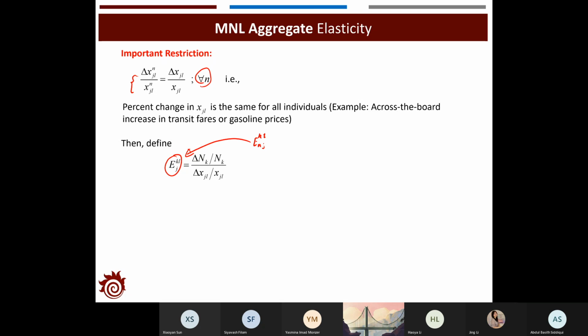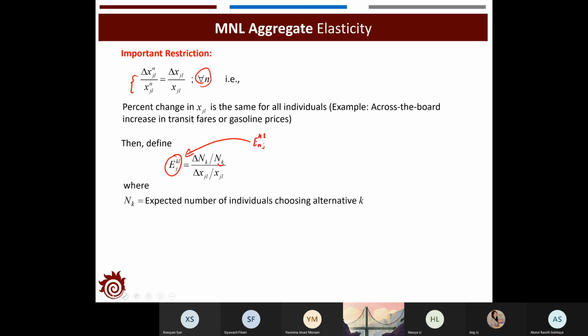To do that, we assume that the population for the mode K, the persons who use mode K, is N_K, and the potential change is delta N_K. Now E_{jkl} will equal delta N_K divided by N_K, divided by delta X_{jl} divided by X_{jl}. So that's what we define for the aggregate elasticity.